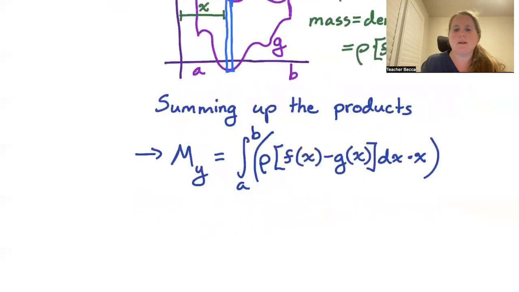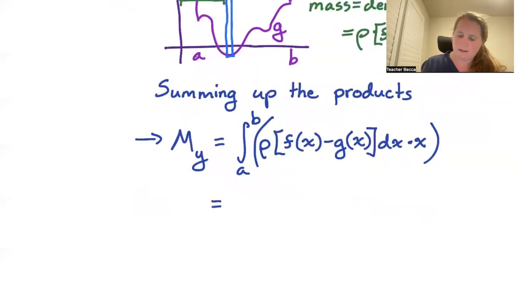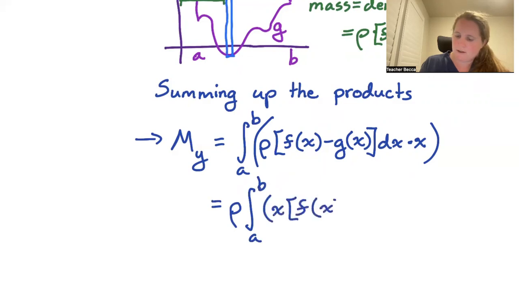That's kind of an awkward way to write this. Instead, we put that x back in front. Rho is a constant, so we can pull it in front of our integral. Then we have x times f of x minus g of x dx.